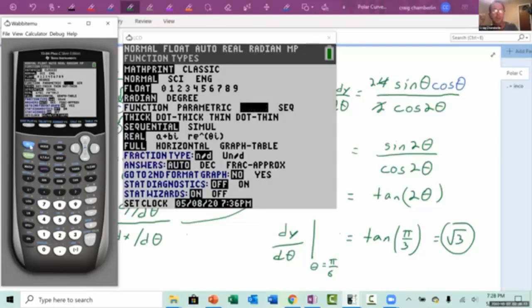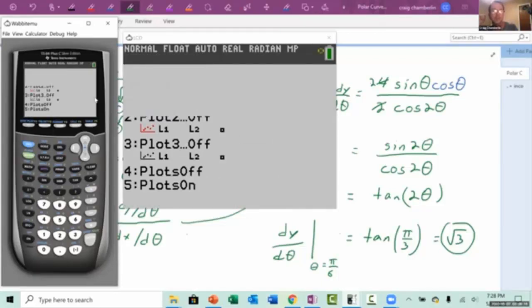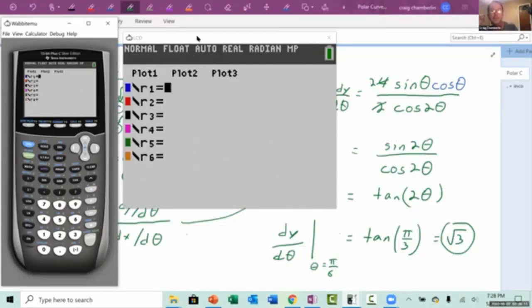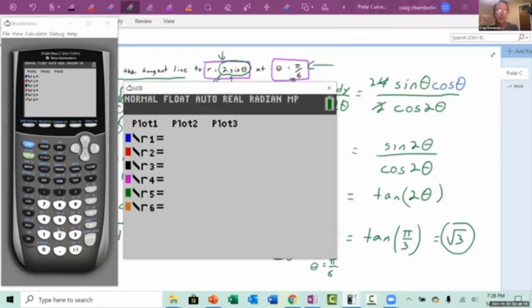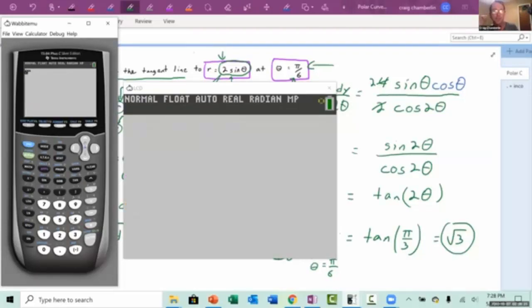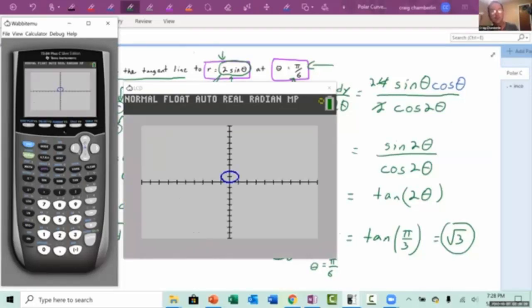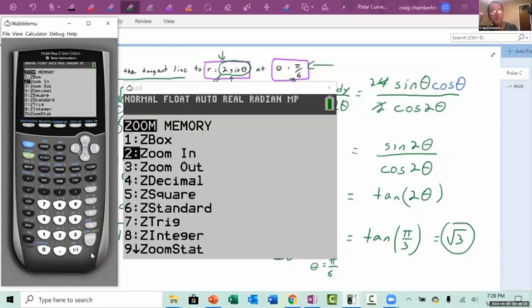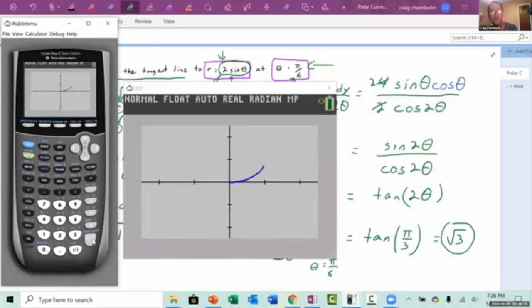So let's go to y equals. And let's type in the original 2 sine of theta. So 2 sine theta. And then let's just graph that. Zoom number 6. Let's zoom in. Go to zoom, zoom in, press enter.